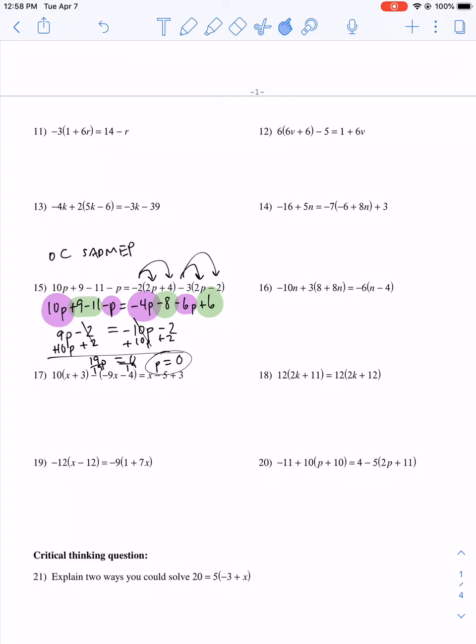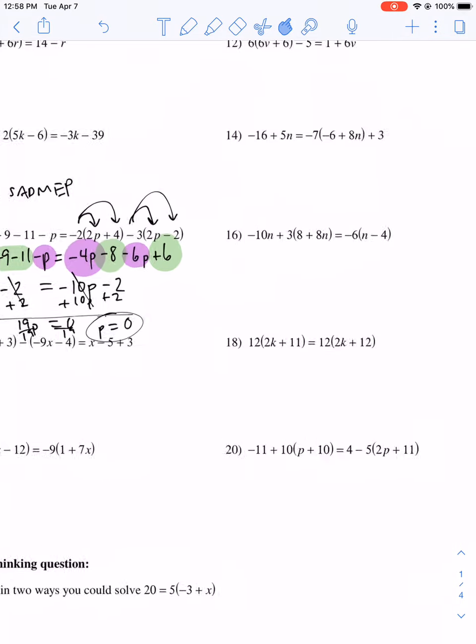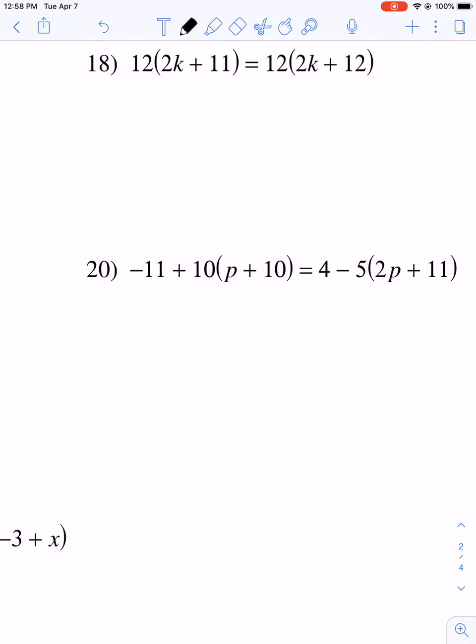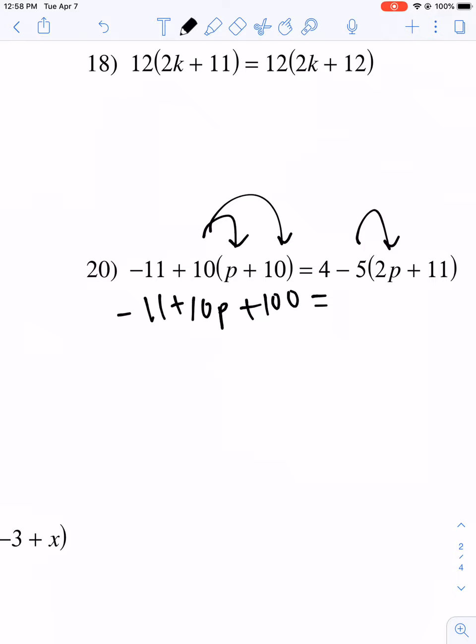All right, how about just one more? Let's go with number 20. Again, DC SADMAP. Distribute. And we're distributing to everything. So that's 10p plus 100, negative 10p, minus 55. All right, combine what we can.